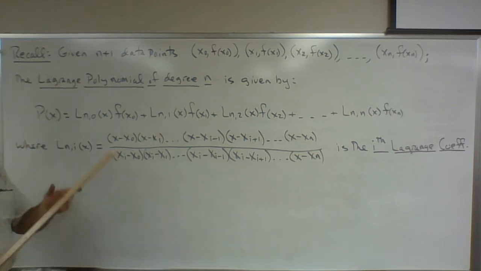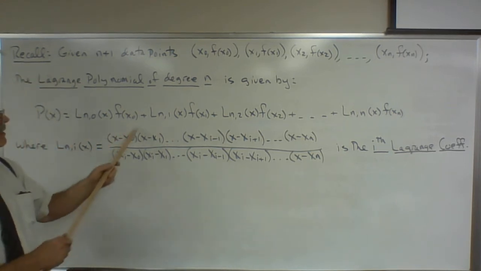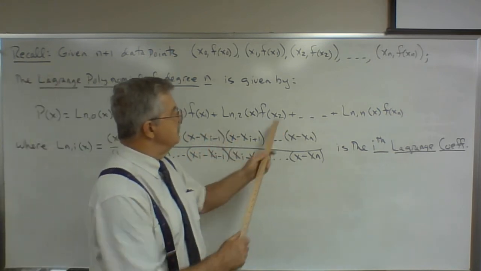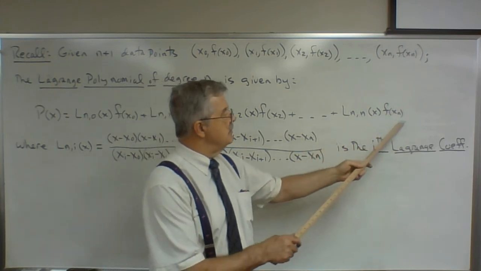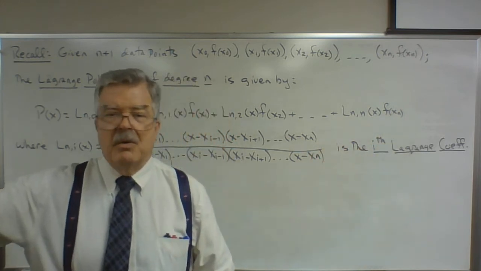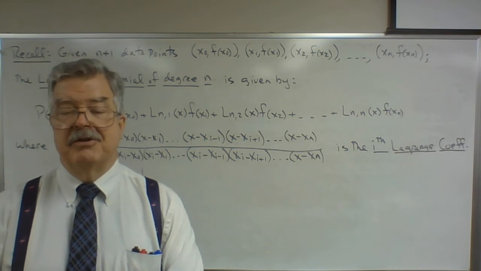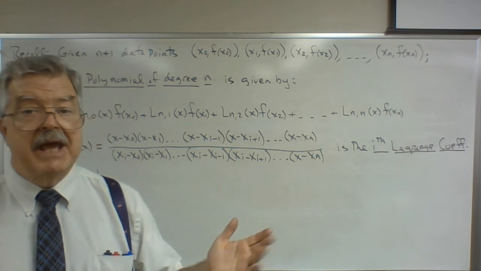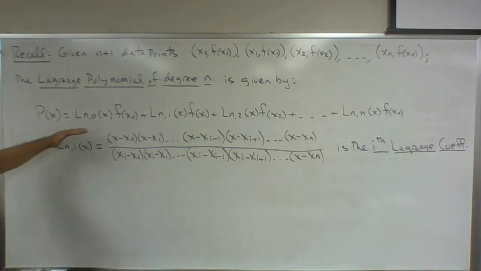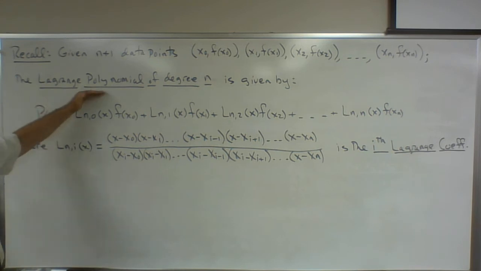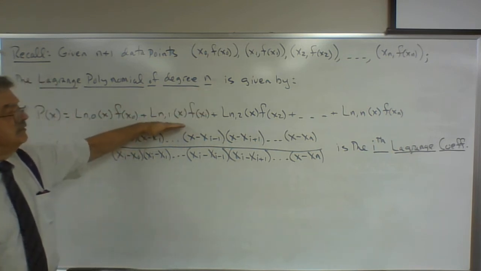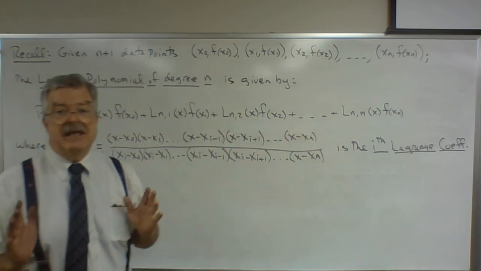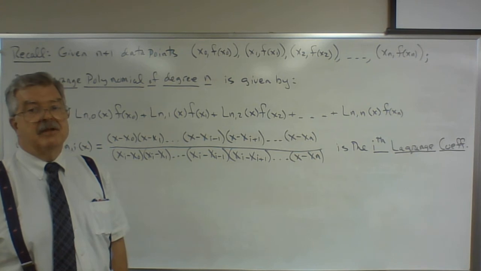So what do we have? A polynomial of degree n plus a polynomial of degree n plus a polynomial of degree n plus a polynomial of degree n. When we add a bunch of polynomials of degree n together, what do we get? A polynomial of degree n. So that's why we call this the Lagrange polynomial of degree n. When we add all of these things up, it literally is a polynomial of degree n.